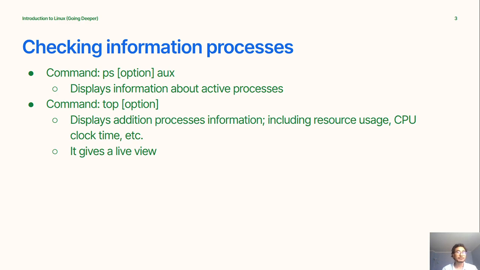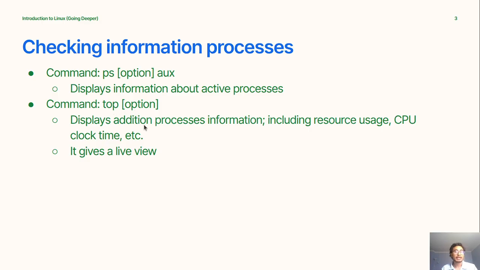So taking information about processes. There is a command called ps, and we can also have some options, like aux. It displays information about active processes. Active processes are basically the processes which are running in your machine. And we also have another command which is top, and we can also provide some options.